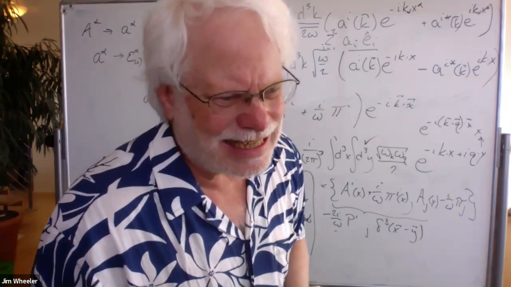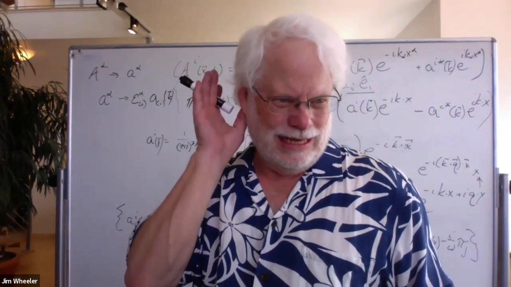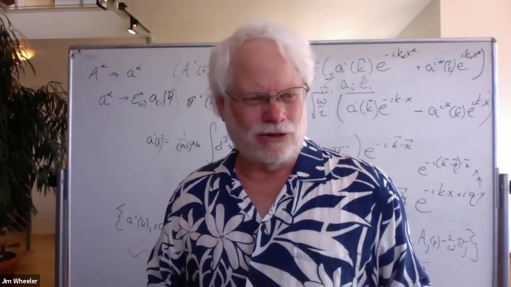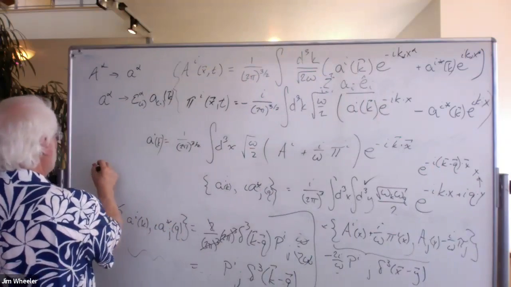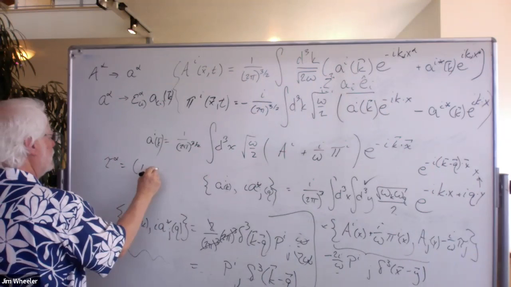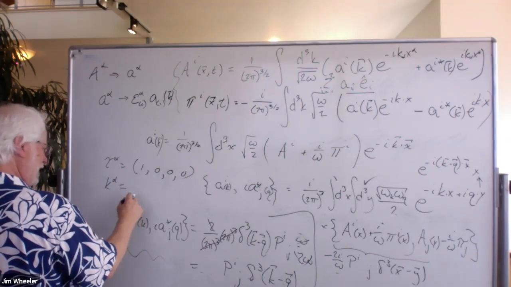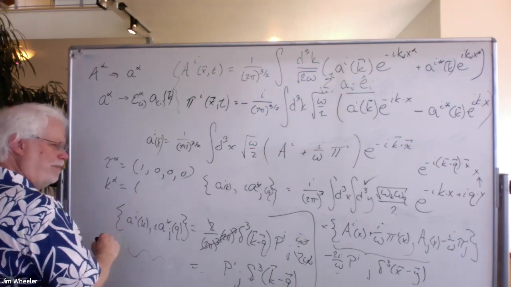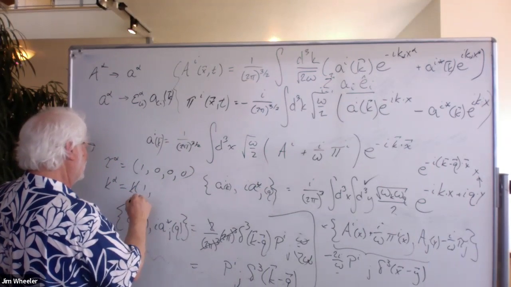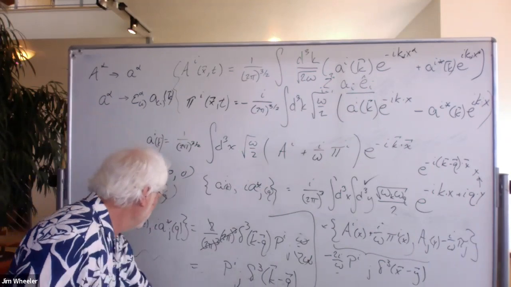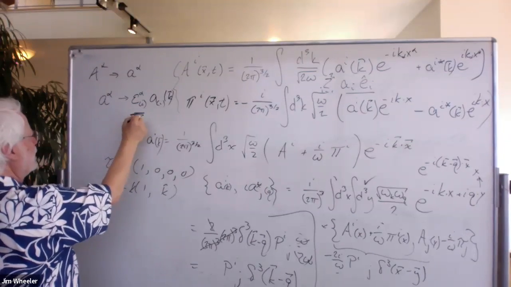It's not hard to choose some conditions on those basis vectors. We need some time-like vector tau alpha, so we pick a time direction, and our k alpha is some magnitude times 1 and some unit vector k. We want to choose these to annihilate those basis vectors.